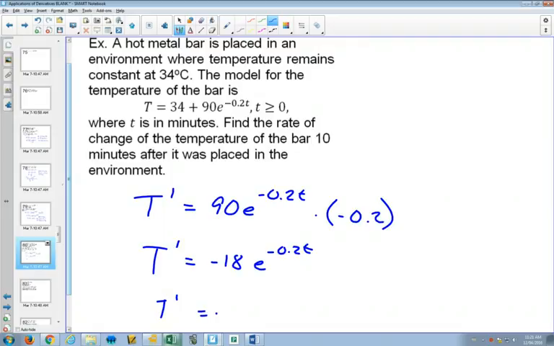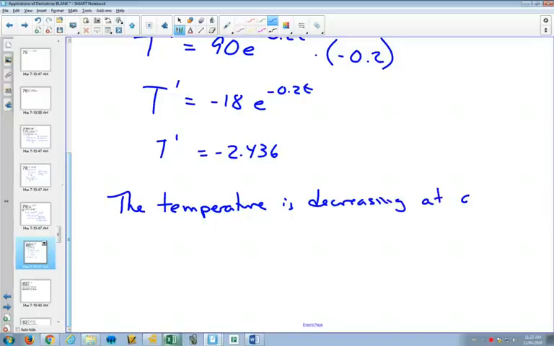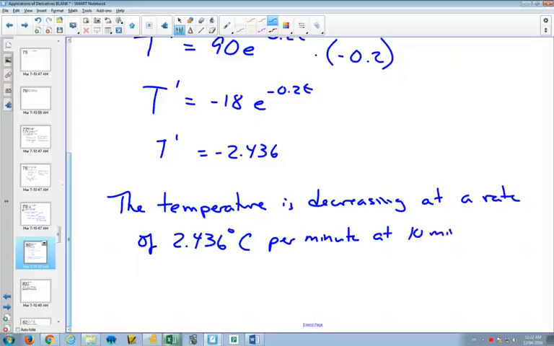Negative 2.436. So we can say the temperature is decreasing at a rate of 2.436 degrees Celsius per minute at 10 minutes.